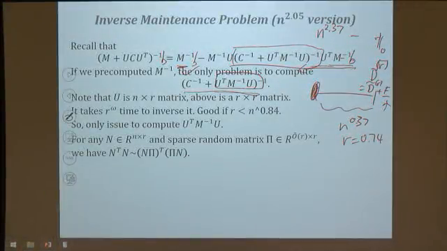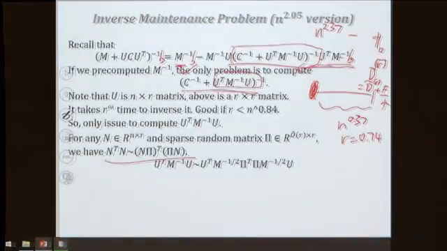For any tall matrix, any n by r matrix, there exists a distribution of sparse matrices, which does not depend on n, and these matrices are r by r, such that you have this inequality. You can multiply by pi, and then the square is still similar. So using this fact, we can apply it for our problem.